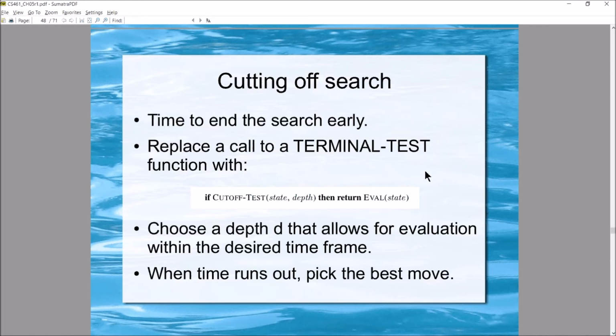Or maybe you can say you can search to a depth of 10, you can think 10 moves ahead, but we also have a clock timer that's ticking. If the timer runs out before you've reached your depth limit, that's it. We're going to go with whatever state happened to be evaluated at that point, or whatever state was the last state that was expanded.